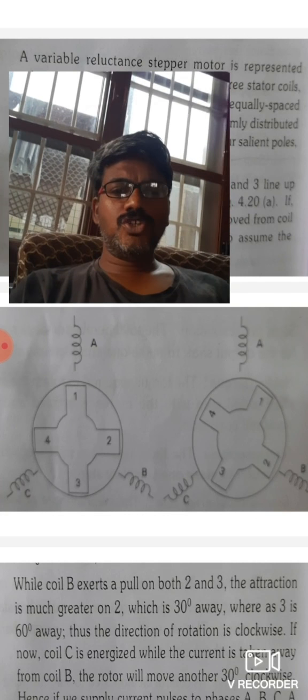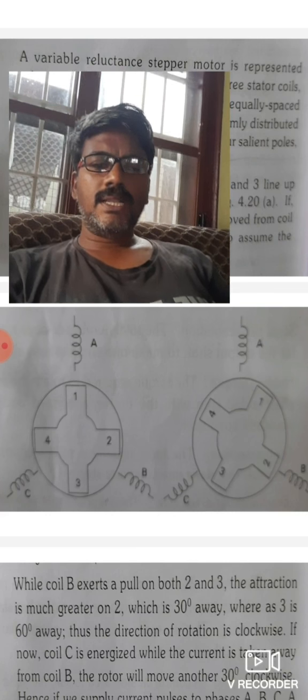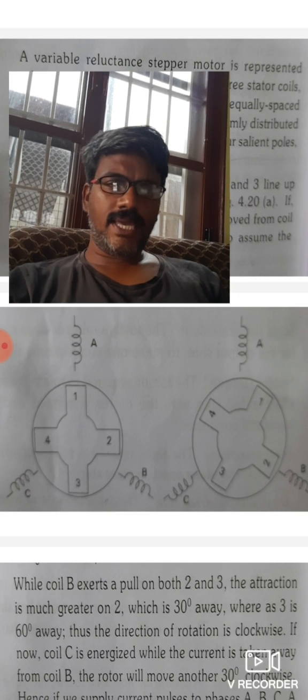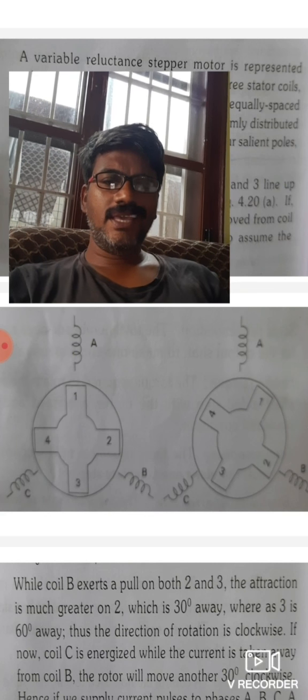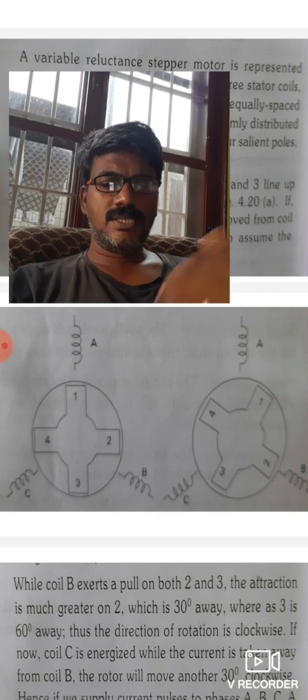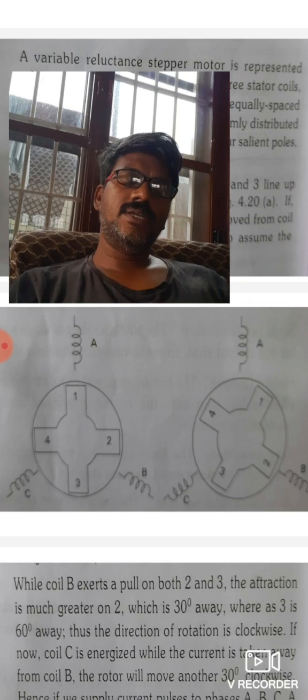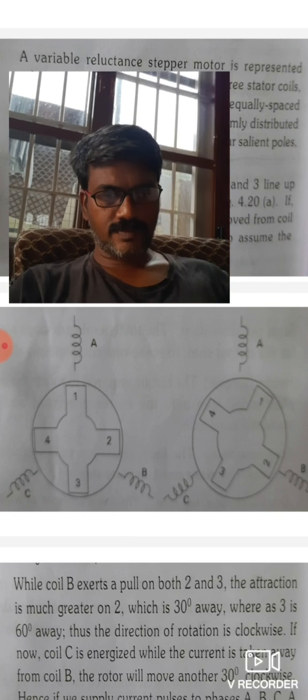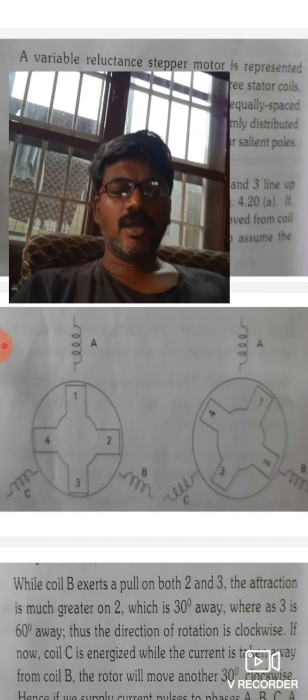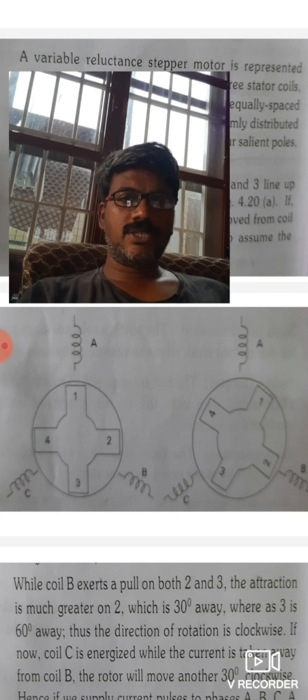So it should be clear that if the pulses are applied to phases A, C, B, A, first A, next C, next B, next A, the rotor will turn in the counterclockwise direction, right?